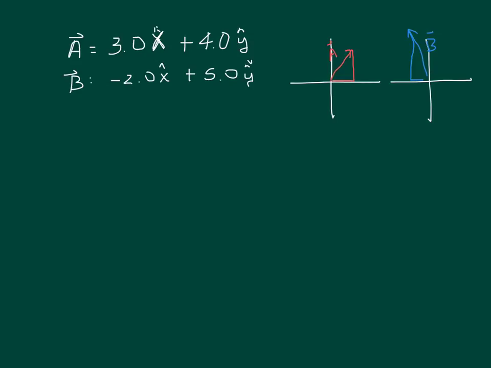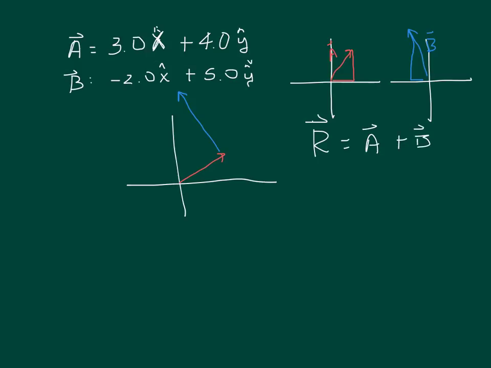Now let's add the vectors on one coordinate system and see what they look like. First of all we do A, here's A, then we do B, here's B, and the resultant vector, which we call R, or anything else, but R equals vector A plus vector B, is a vector that starts where the original vector A started, since we have A plus B, and ends where the head of the final vector, B, is.